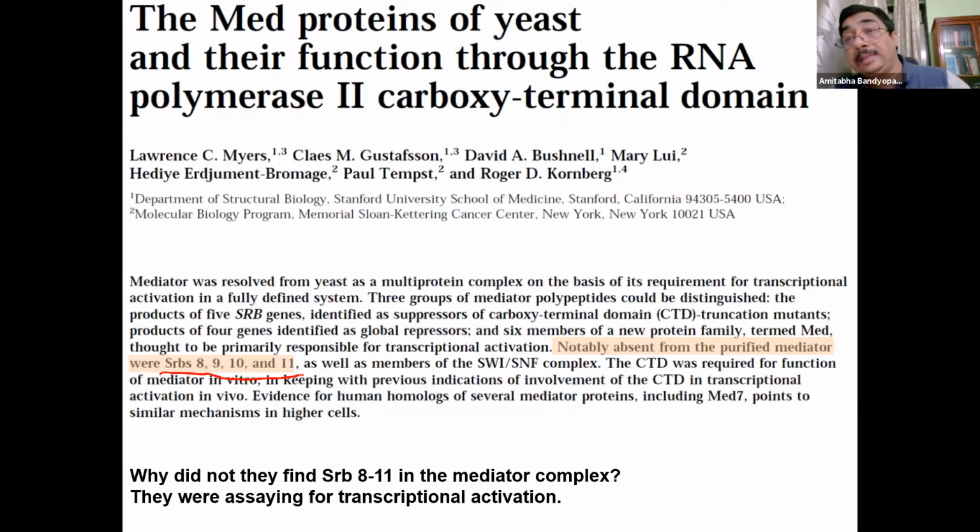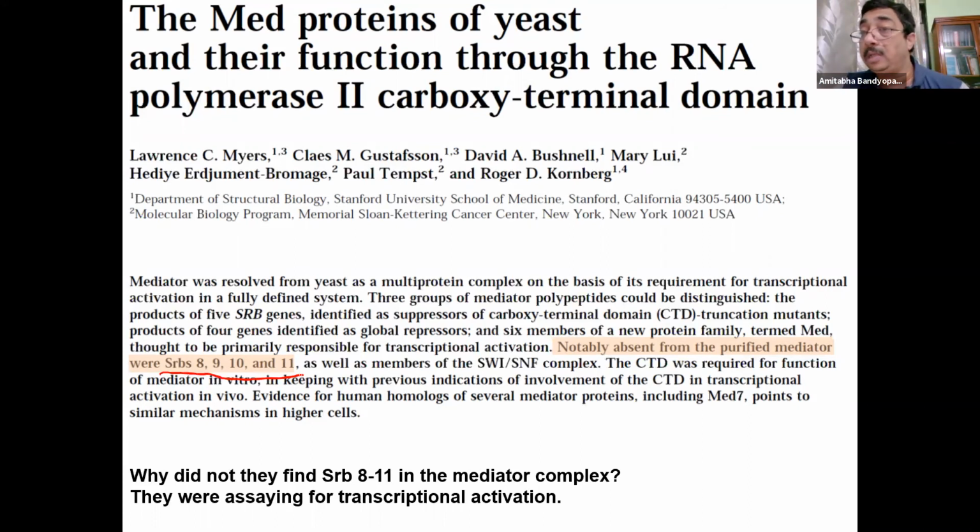Now think of the assay that Roger Kornberg was using. What is it? That there is no transcription. You add the mediator complex, you get transcription, right? So this is a transcriptional activation assay. Is it possible that these SRBs are not involved in activation of transcription, but in repression of transcription? Now think back in bacteria, tryptophan operon is a repressible operon where the default state is on, but when you have a lot of tryptophan, then it is repressed.